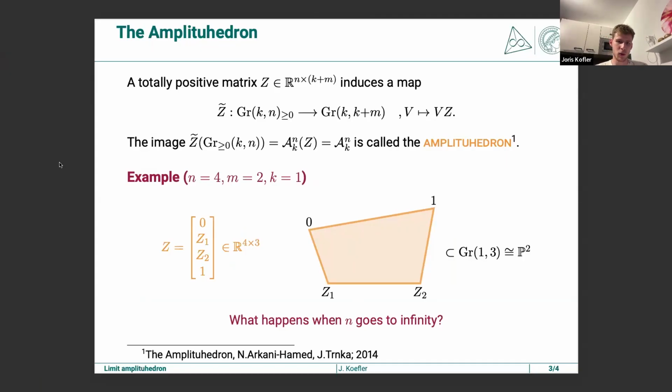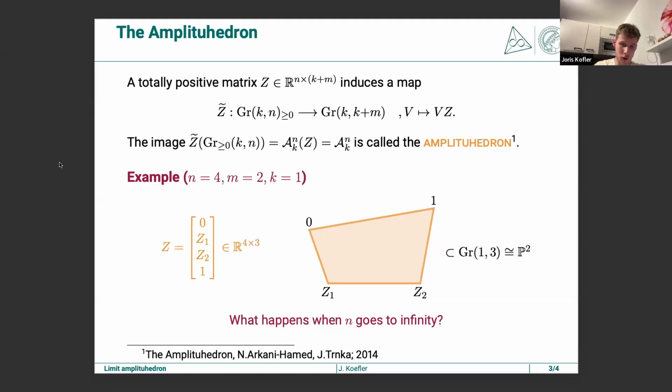What I want to do in the setup is briefly do an example, and this is going to tie in with the picture you just saw a second ago. You take a Z matrix. In this case, we set n equals 4, m equals 2, k equals 1. So the Z matrix is a 4 times 3 matrix.